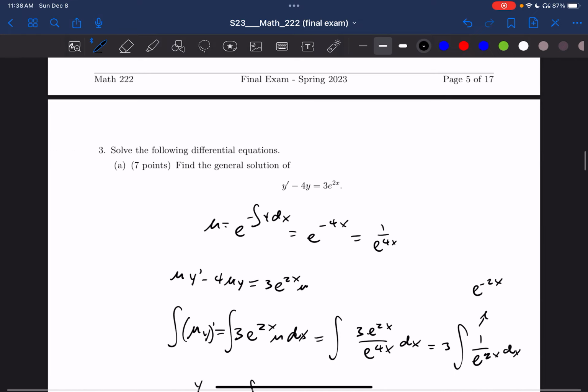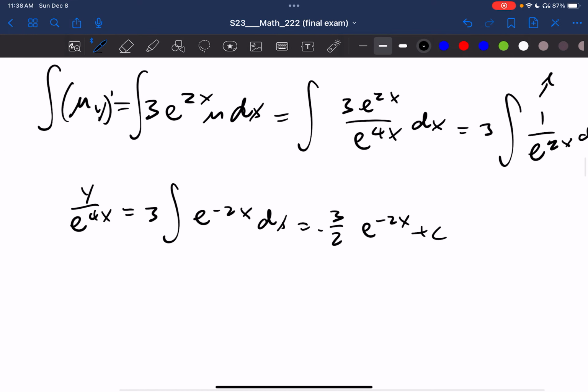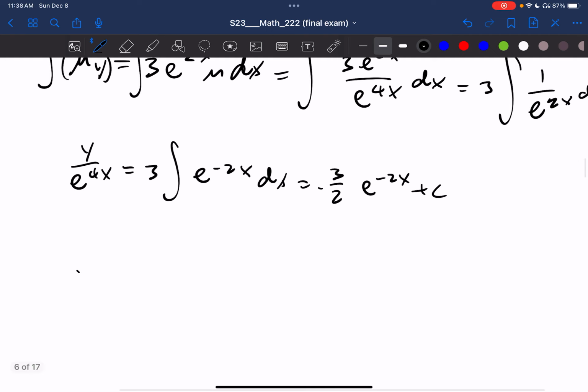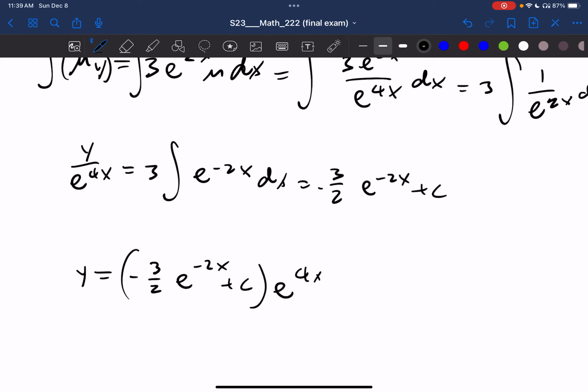Does it want us to solve for y? I don't know, but let's just solve for y because it's not that hard anyways. So y will be equal to negative 3 over 2 e to the negative 2x plus c. Take all this, multiply by e to the 4x. And that should be your answer.